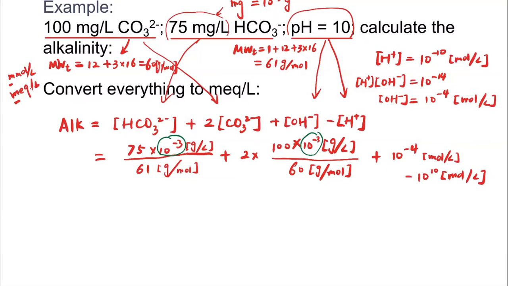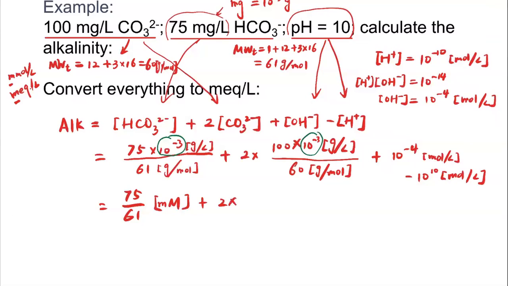We mentioned that the ion concentration in water is generally quite low, so we can get rid of these very small terms by just writing it as 75 divided by 61, and this is going to be millimole per liter. Or if we further simplify it, it should be milli-equivalent per liter, right?